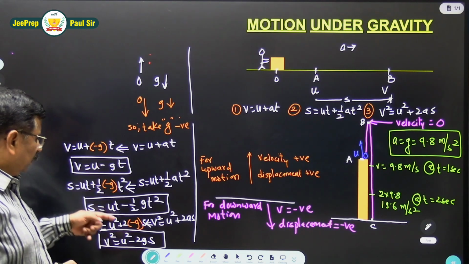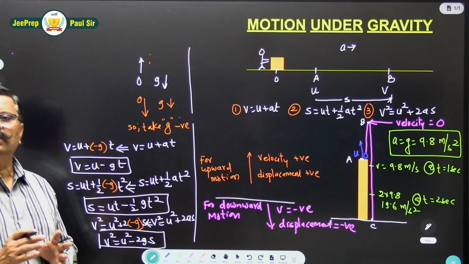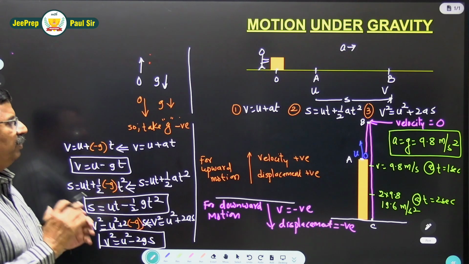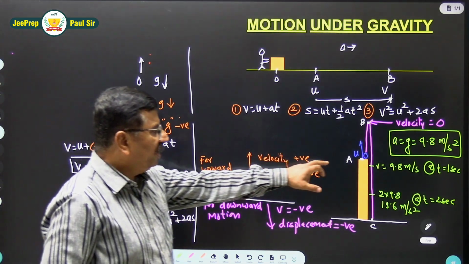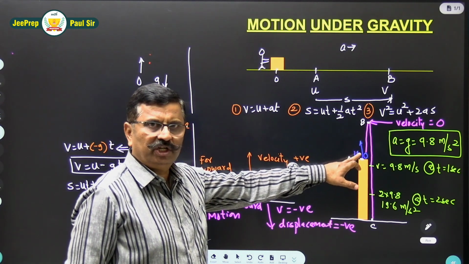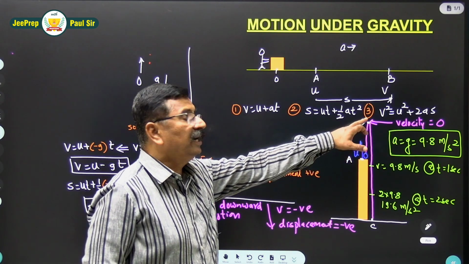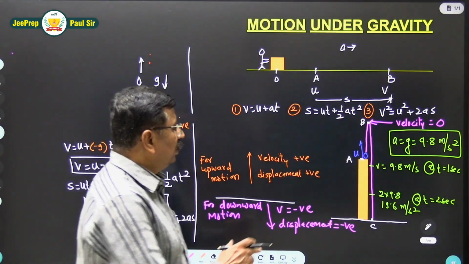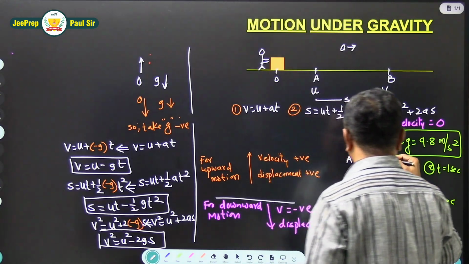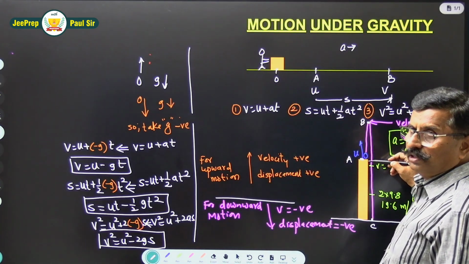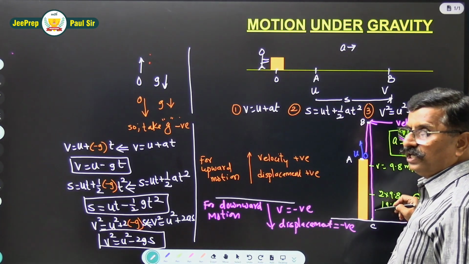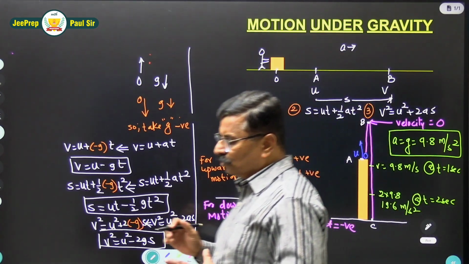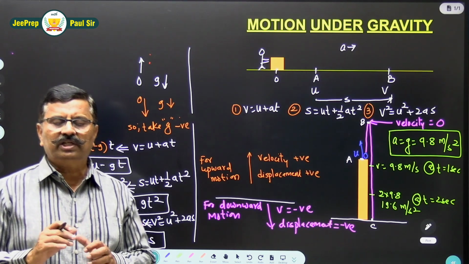So these are the three kinematic equations for this motion under gravity. Now students, always remember one point. When the object is thrown with initial velocity, then at the highest point velocity is 0. But if the object is released from this point A in the downward direction, take initial velocity as 0. So these are the certain sign conventions.